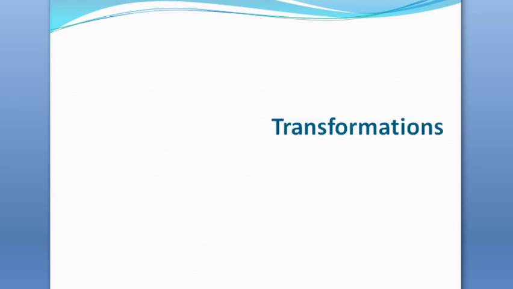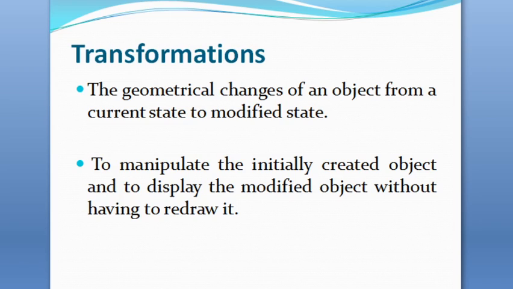Then transformations. What is transformations? The geometrical changes of an object from a current state to a modified state. We can manipulate the created object to the modified object without having to redraw it.